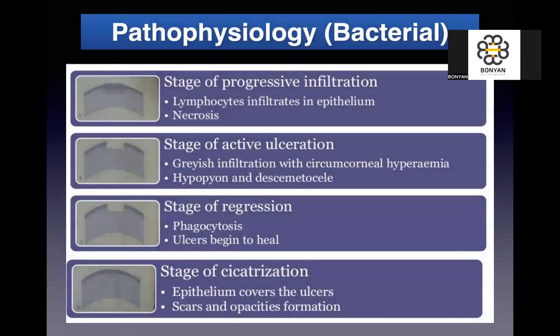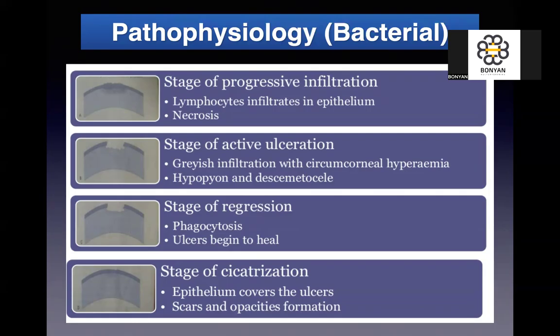Here is the pathophysiology of the corneal ulcer, but I will show here the pathophysiological process of bacterial keratitis. Stages of progressive infiltration. Firstly, lymphocytes infiltrate the epithelium, which leads to necrosis. Second stage, a stage of active ulceration: tissue loss and grayish infiltration with circumcorneal hyperemia, hypopyon, and descemetocele.